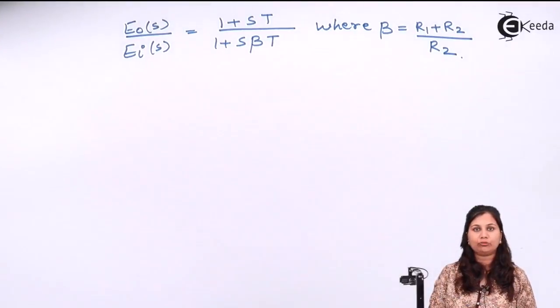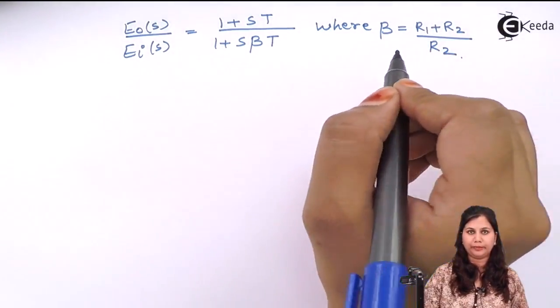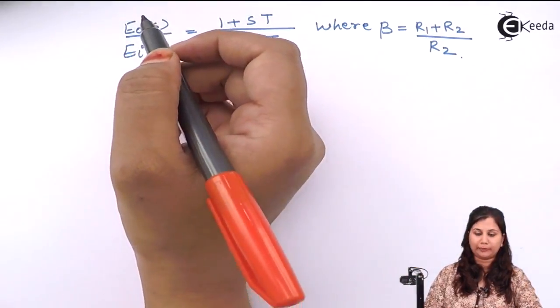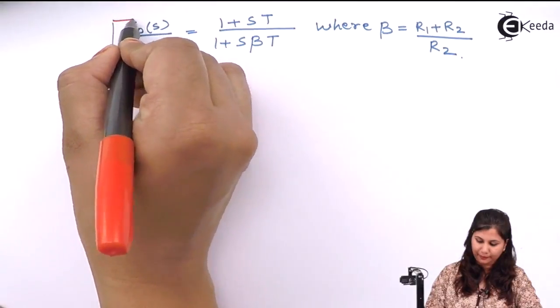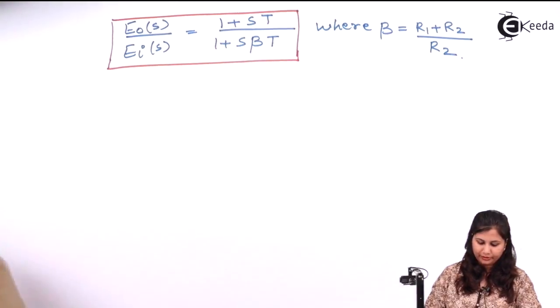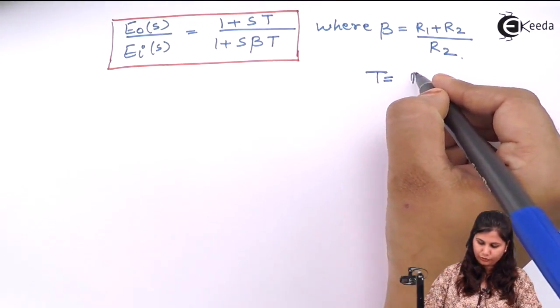So in the phase lead network, we introduced the constant alpha; here we have introduced beta. Our transfer function is 1 plus sT upon 1 plus s beta T. Here T, the time constant, is R2 C.